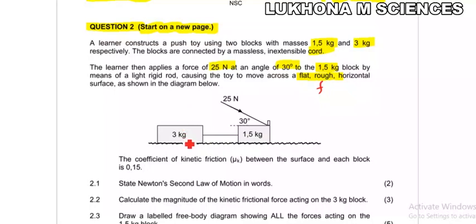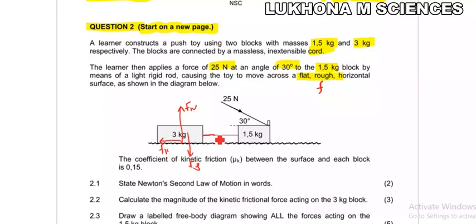Let's start with this one. We have the normal force, then we have the weight, and we have the kinetic friction because this one is moving.